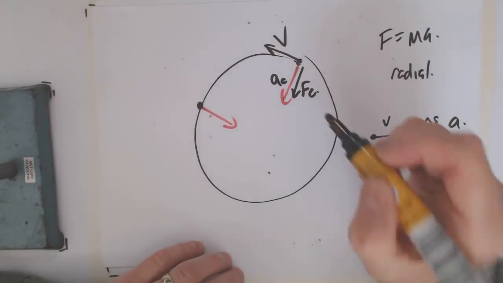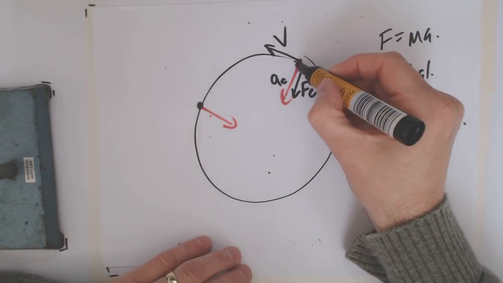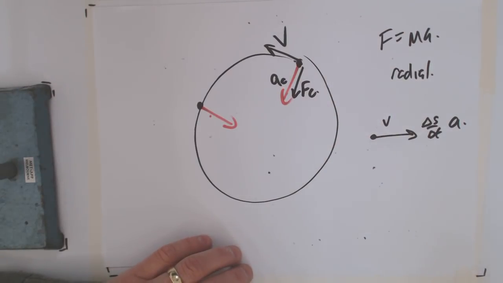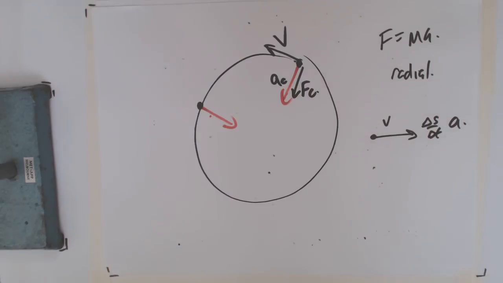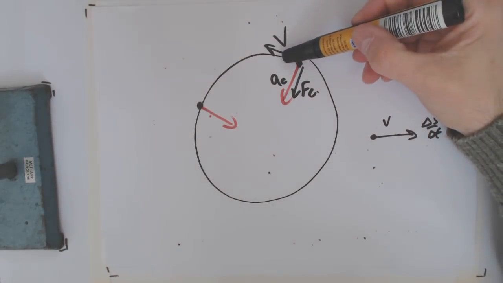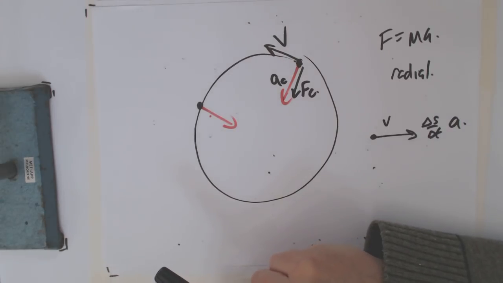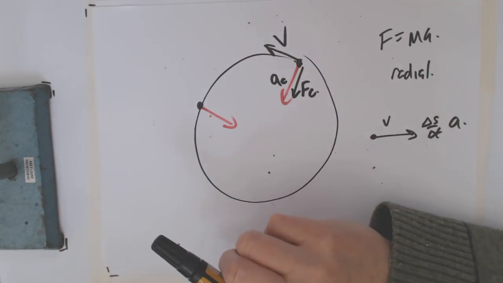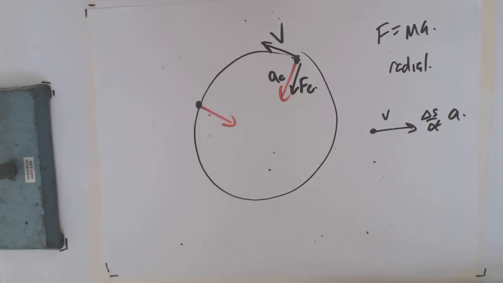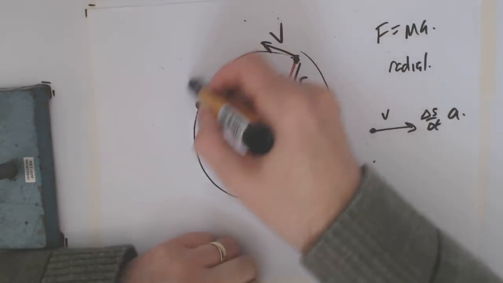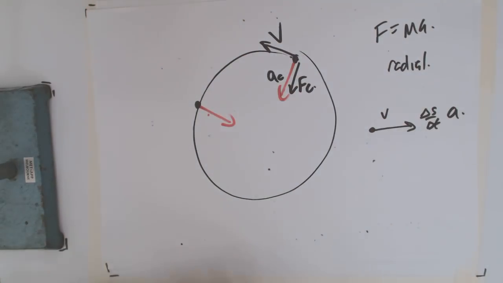A centripetal force is at 90 degrees to the velocity. It changes the direction, not the magnitude of the velocity. So we give it that very special name. You can have a force at the same time changing the magnitude of that, and that would be called a tangential force. But nearly all the problems we do in level 2, we keep the speed constant and we just change the direction, and so all we're dealing with is a centripetal force and a centripetal acceleration.